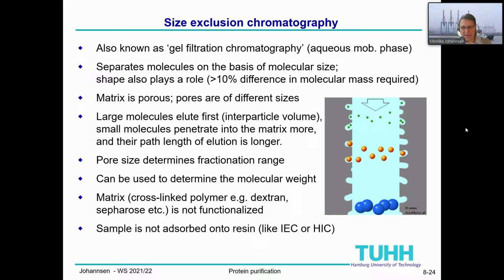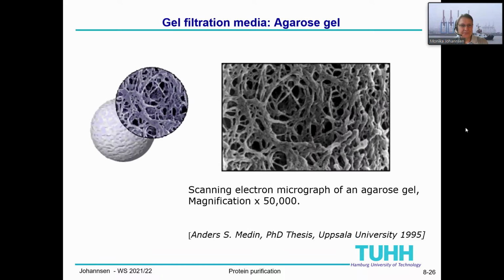And unlike ion exchange chromatography or hydrophobic interaction chromatography and so on, the protein here is not adsorbed onto the resin, so it's more a sieving effect. It's not an adsorption chromatography.